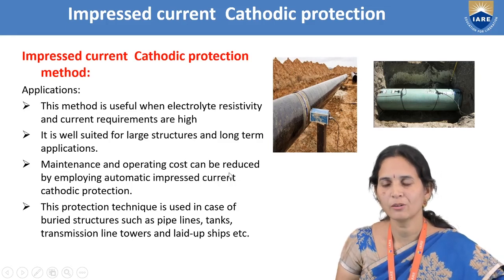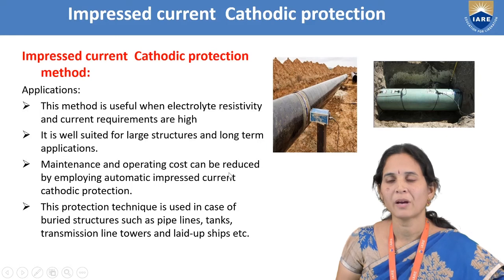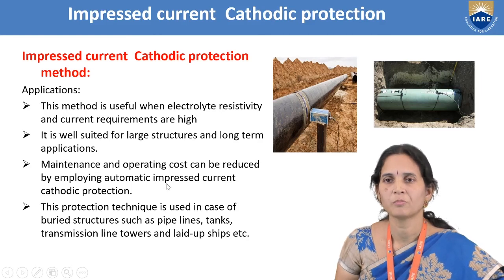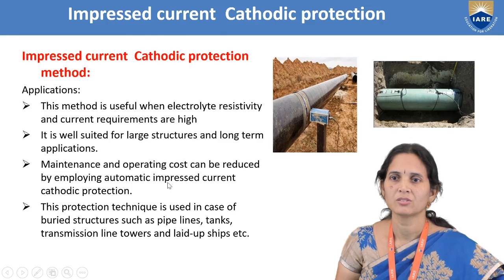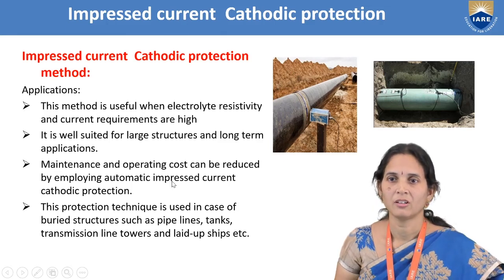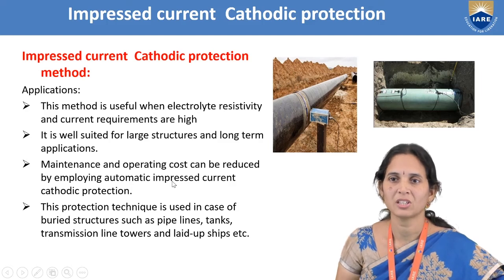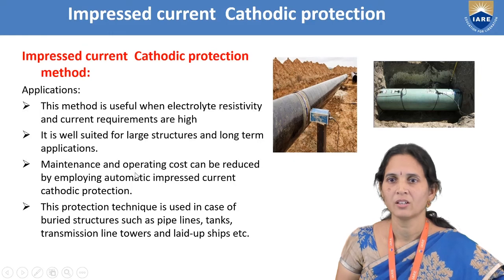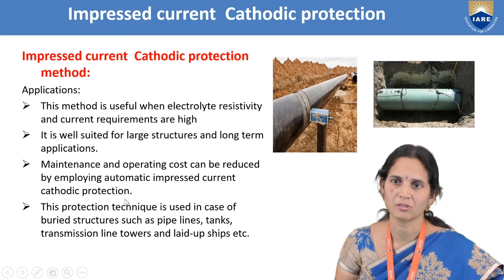In the sacrificial anodic protection method, manpower is required. Every time we have to observe and take out the more active metals, the sacrificial anodes. So operating cost can be reduced here by employing automatic impressed current cathodic protection.